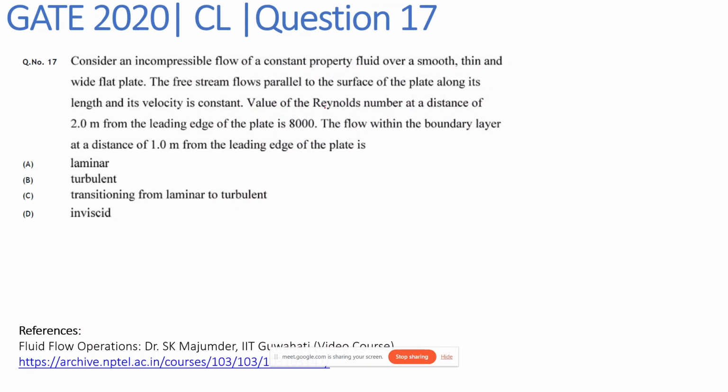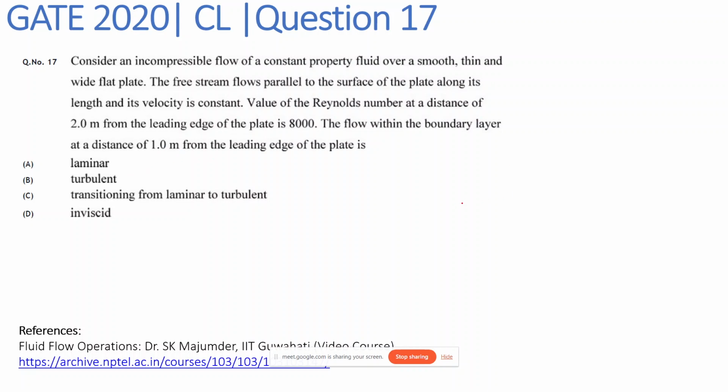The value of Reynolds number at a distance of 2 meters from the leading edge of the plate is 8,000. The flow within the boundary layer at a distance of 1 meter from the leading edge of the plate is dash.